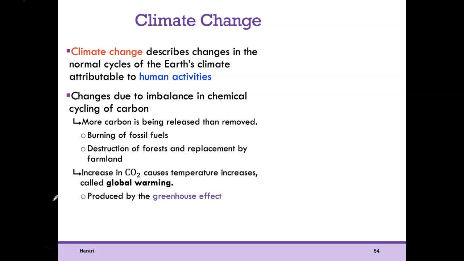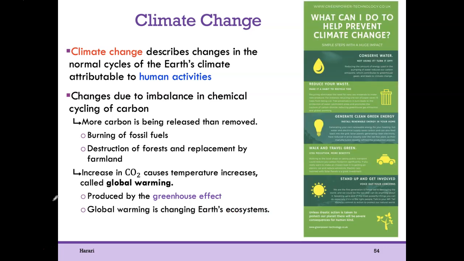The greenhouse effect explains how CO2 in the environment leads to increases in temperature. Almost like a greenhouse keeps the temperature in, it gets hot in a greenhouse. The CO2 in the environment acts like a greenhouse, and it keeps the heat contained within our atmosphere. So you can do a lot to prevent climate change.